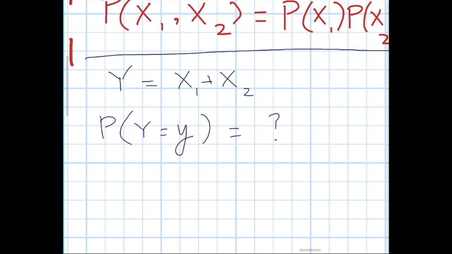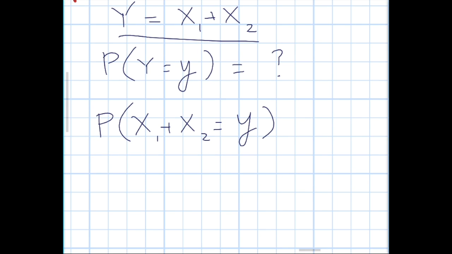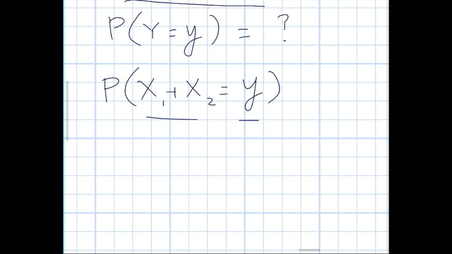So always start with the information we have. So we will have X1 plus X2 is equal to y. Now, how many ways are there so that their sum is equal to a specific value? So what we can do is we can fix one of them, and then the second one will be automatically dependent on the first one.